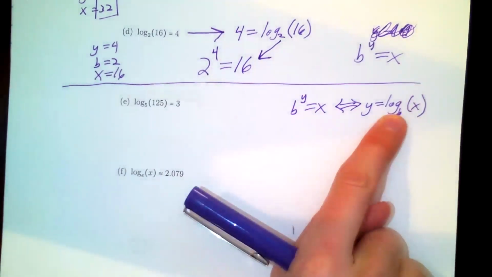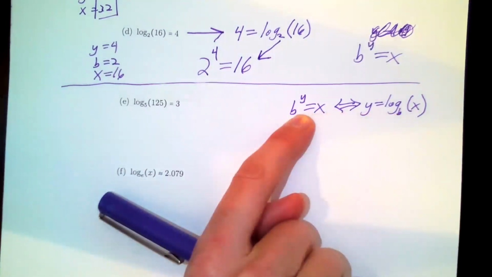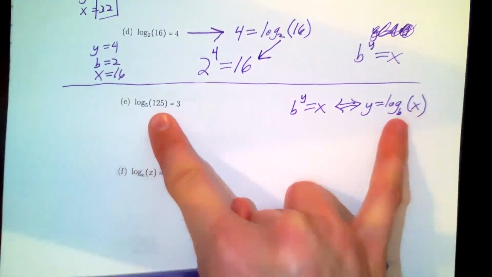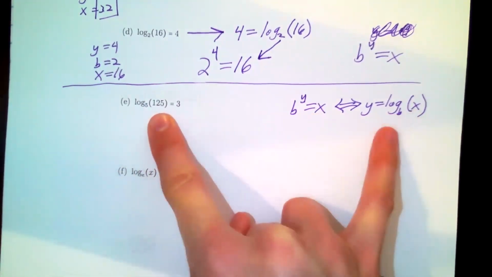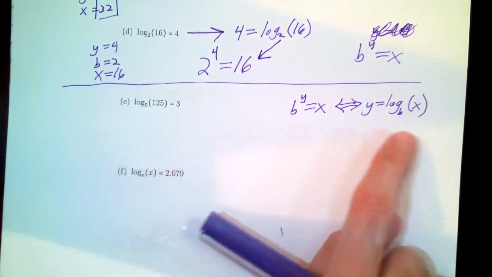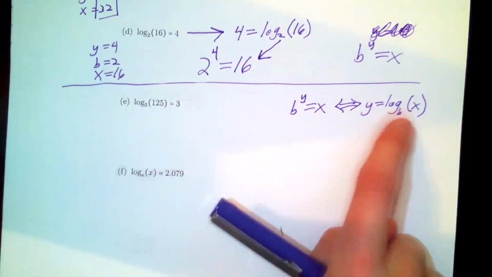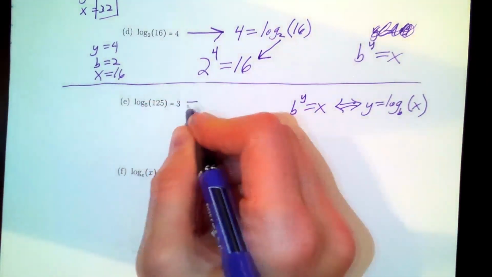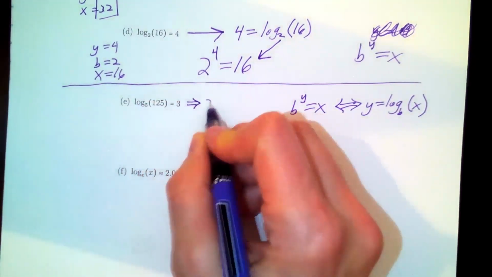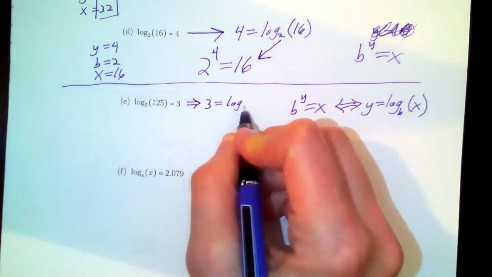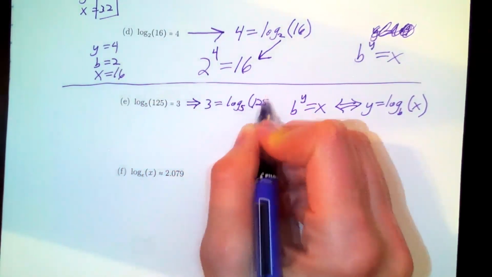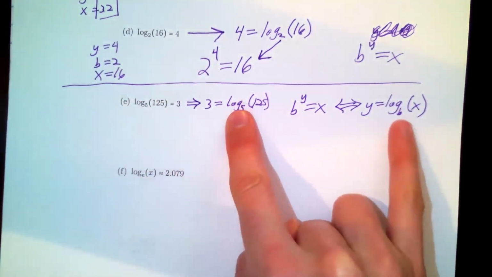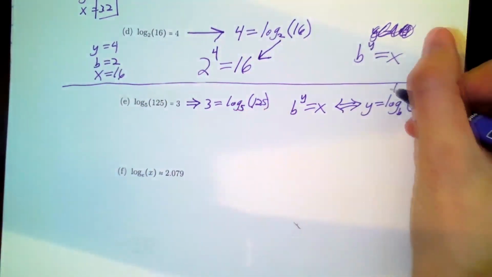I want to convert my log back to my exponential. So let's compare this log with that log. It's a little bit backwards. In the formula, the log is on the right-hand side. This time it's on the left-hand side. So let's just rewrite my statement as 3 equals log base 5 of 125. We're just flipping it so that it matches my formula style over here. So I'm on this side.